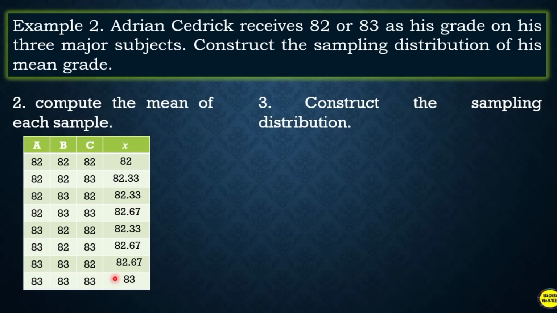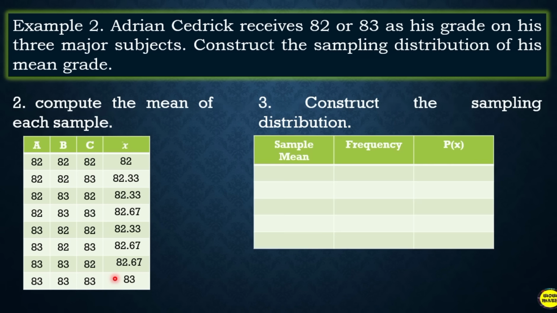Ano nga ulit yung tatlong column na kailangan natin sa sampling distribution? The sample mean, frequency, and then the probability. No? Yung probability corresponding dun sa sample mean. So, ano yung pinakamababa natin? 82. So, ilan yung 82 natin? Isa lang.